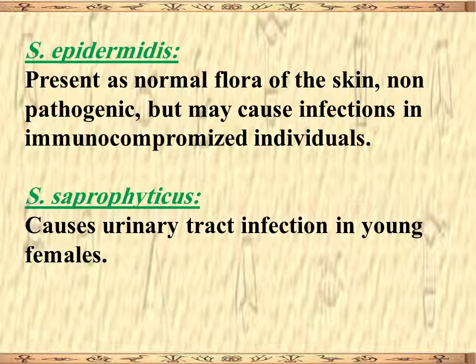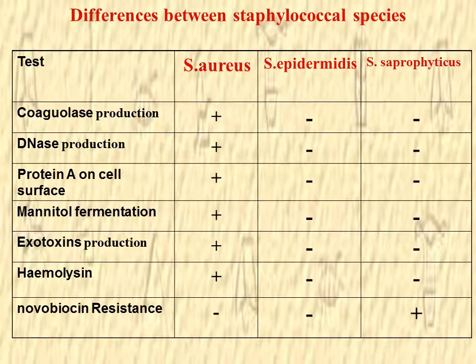But if the flora shifted from its normal place to another place, or the patient becomes immunocompromised due to any cause, in these conditions the flora is no longer considered beneficial. It may become pathogenic and produce different types of infections. This is for Staphylococcus epidermidis. What about the saprophyticus? Another type of coagulase-negative staphylococci that commonly produces urinary tract infection in young females.